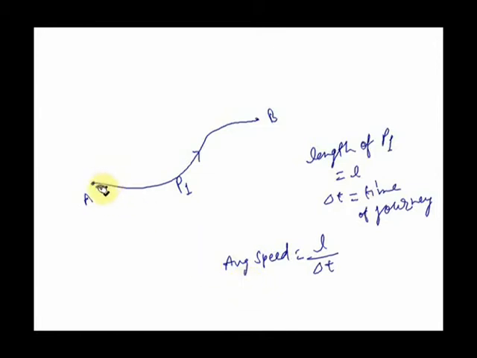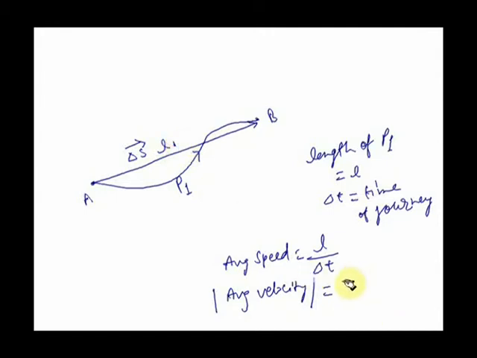So the displacement between A and B would be a vector from point A to point B. This is delta s vector, which is displacement, and the magnitude of average velocity would be the length of this straight line, which let's say is L1, by total time of journey, that is delta t. So magnitude of average velocity would be L1 by delta t.